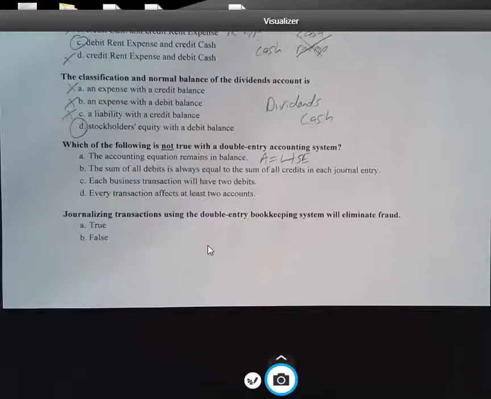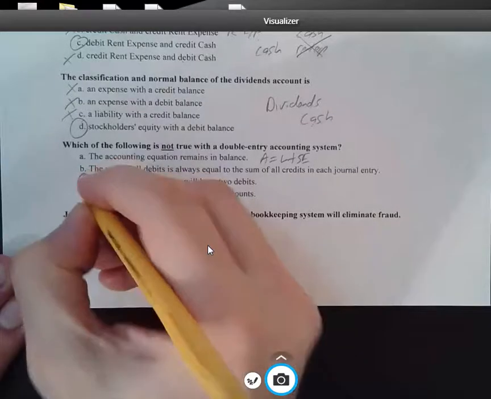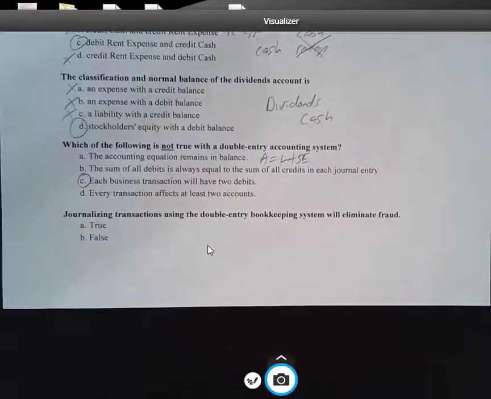You can have two debits in a business transaction, but you're very, very likely to have either one debit or three or more debits, right? The chance that you will have exactly two debits in a business transaction when you're using the double entry accounting system is actually not a very high percentage. So that is going to be our correct answer.